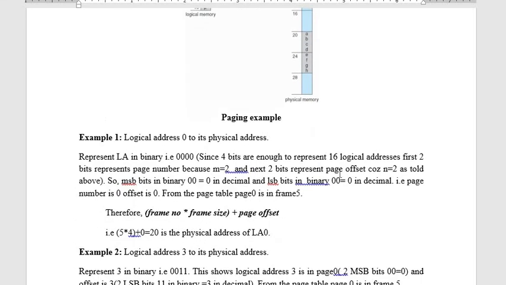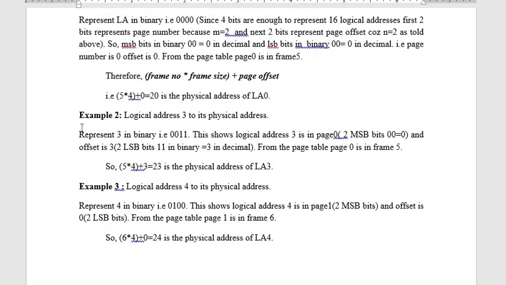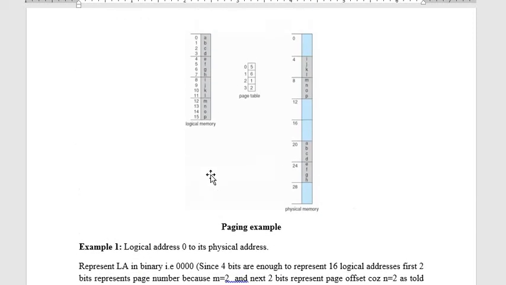So hope you understood. Now let's take one more example. Example 2: translate logical address 3 to its physical address. We need to find out in which location logical address 3 is present. From the diagram you could easily see that logical address 3, that is the data D, is present at the 20, 21, 22, 23 locations of the physical memory.